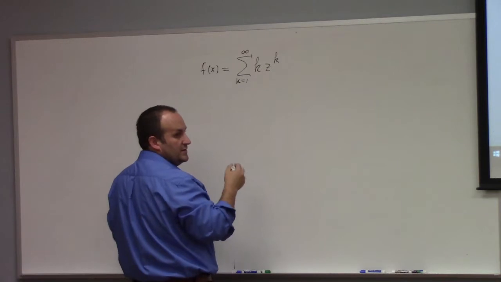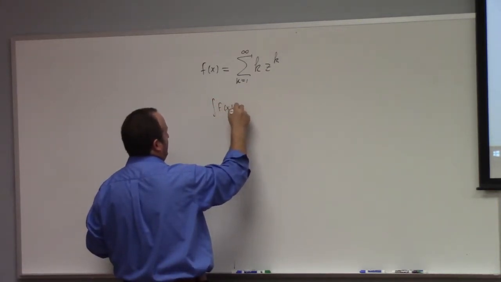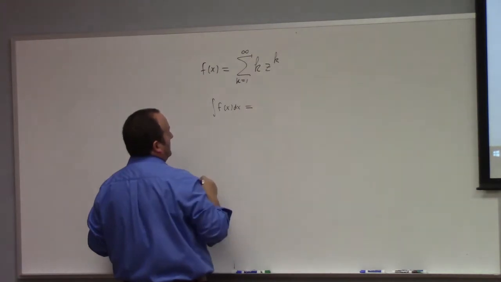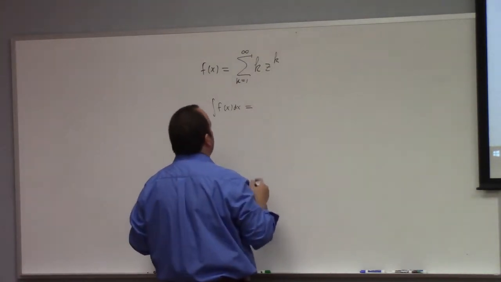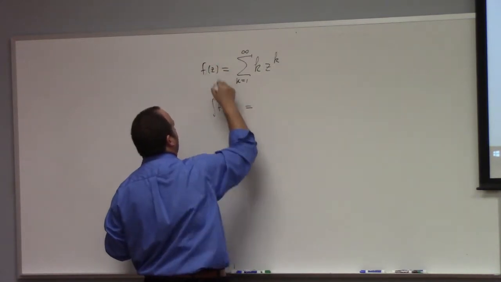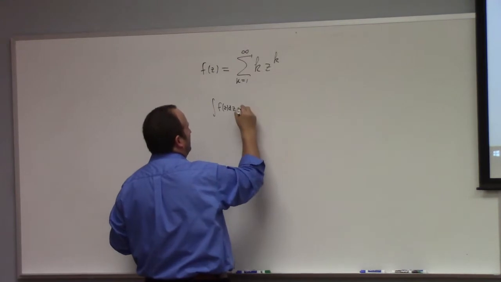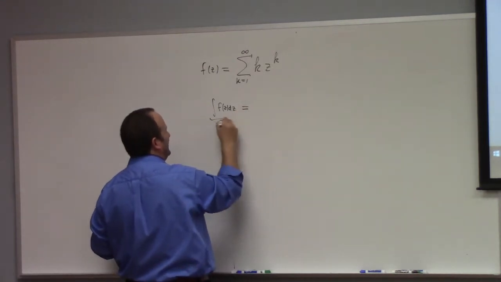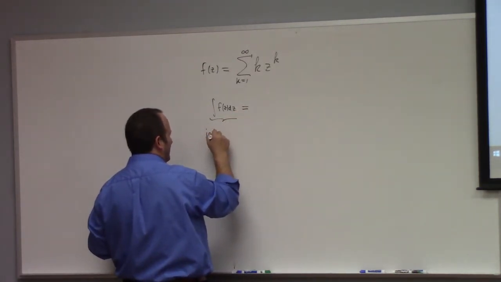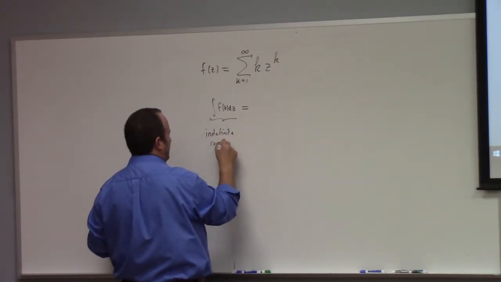Now this one here, we can kind of understand if we integrate both sides. So the integral of f of z dz would be what? Here this is a kind of funny integral I'm writing. I mean this to be an indefinite complex integral.